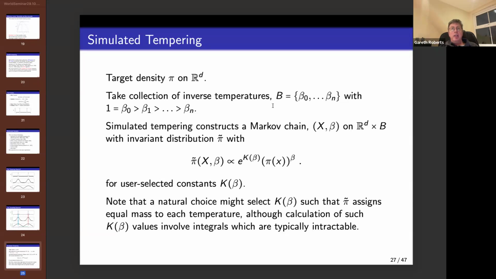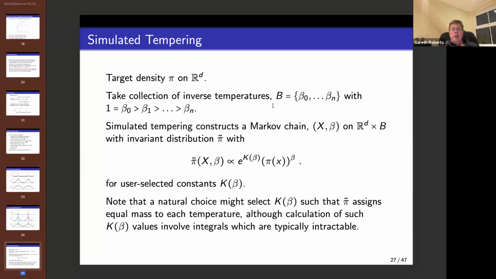On the other hand, if we take too few inverse temperatures, it's going to be very difficult for a simulated tempering algorithm to move between the different inverse temperatures. So there'll be a penalty, and the acceptance probability of a move between temperatures will be low.